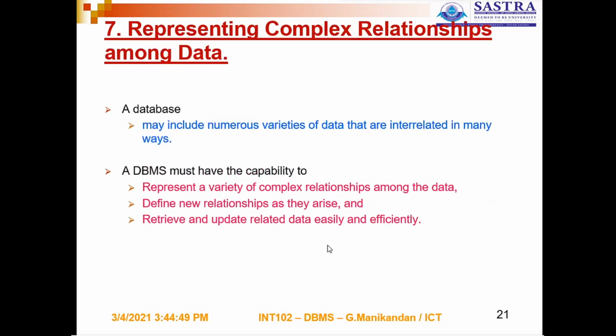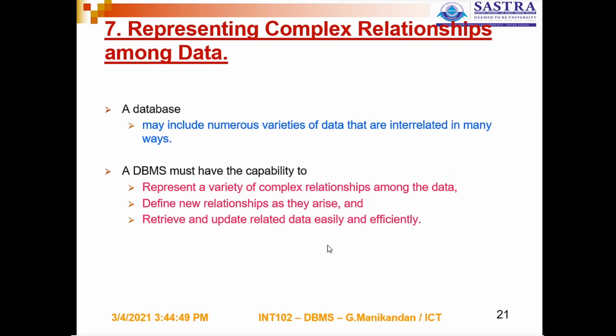The next advantage is representing complex relationships among the data. The idea is that, based on the requirement, you have created a database. After some time, you want to add one more field to the existing database.